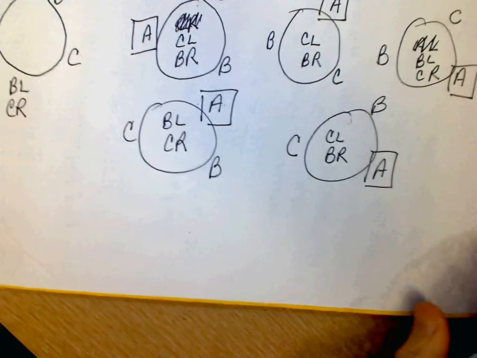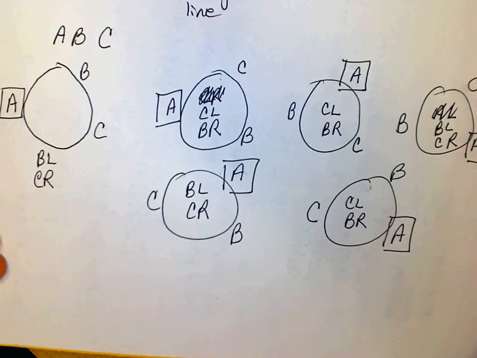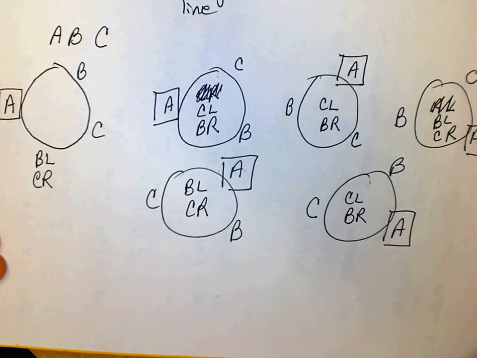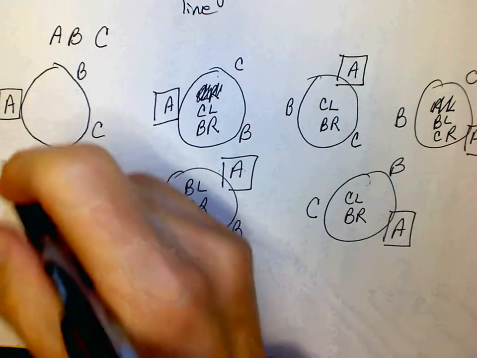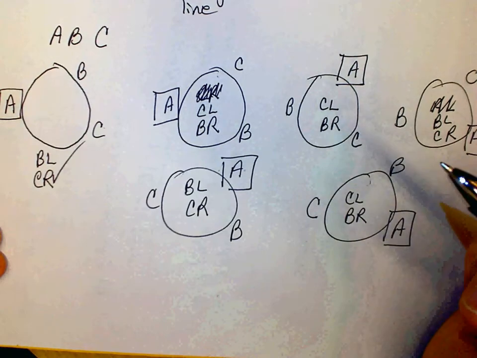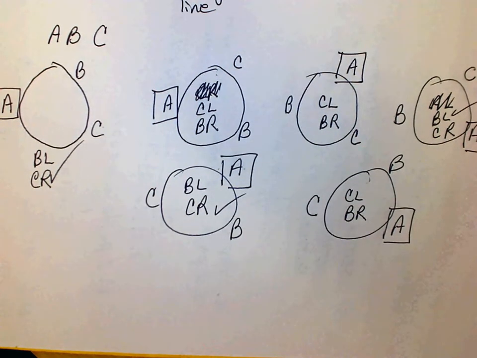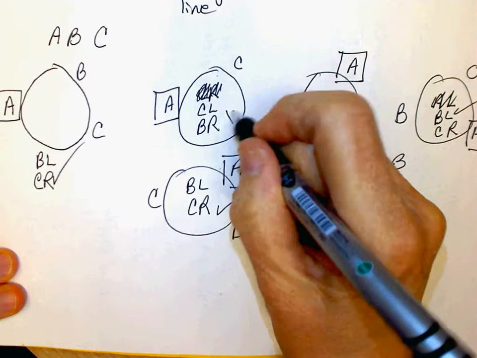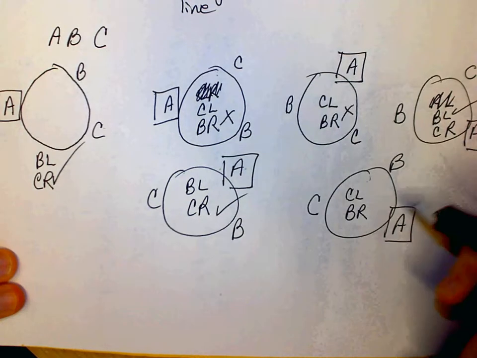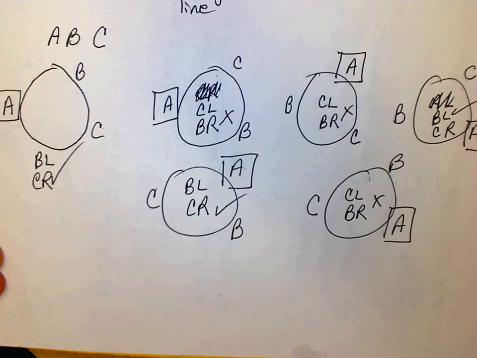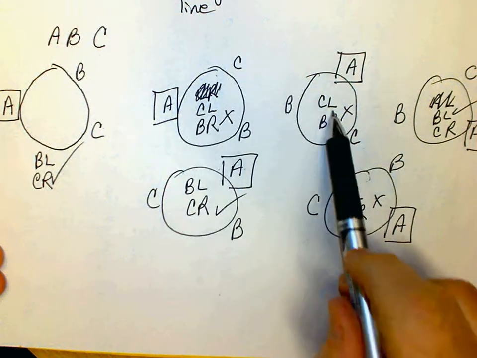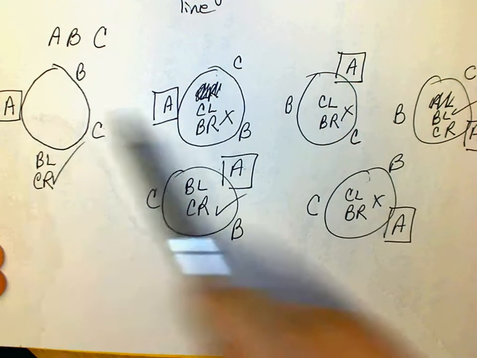Okay, notice that this one and this one are the same arrangement when we speak in terms of B and C being relative to A. And then we have this one, this one, this one. So really, these three are the same, and these three are the same.